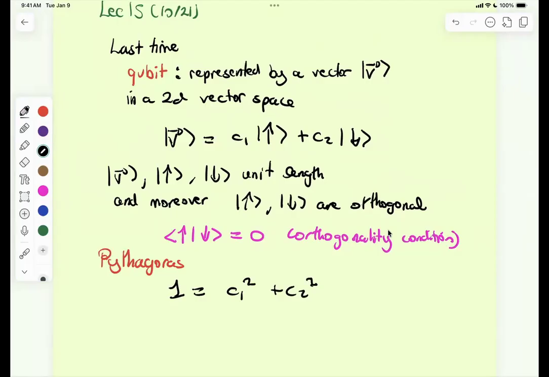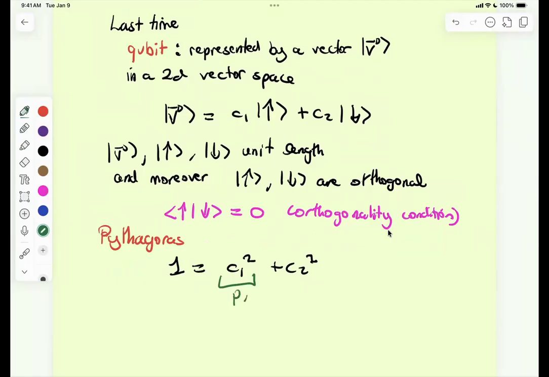So these are two numbers that square to one, right? These are each non-negative, because C1 squared and C2 squared are not negative. So if you call P1 and P2 these two numbers, you would call this one P1 and this one P2.